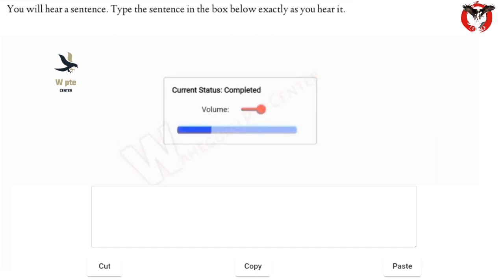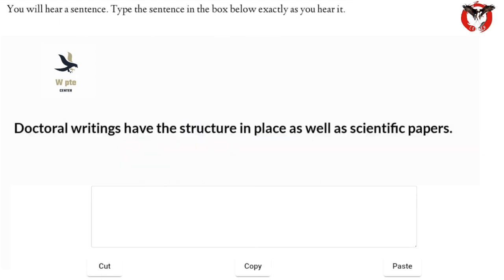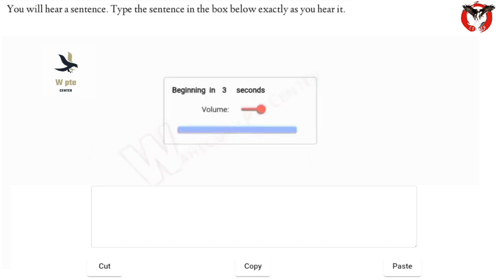Doctoral writings have the structure in place as well as scientific papers. Doctoral writings have the structure in place as well as scientific papers. Induct your staff thoughtfully into all aspect of the unit.